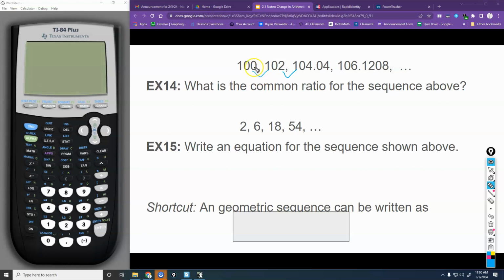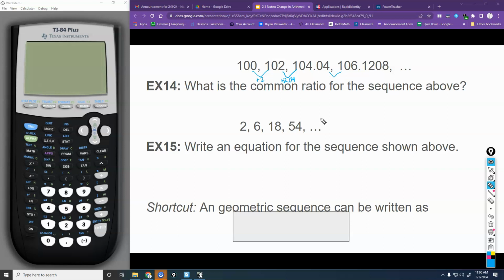So first of all, if we think about how much this is increasing by, I'm going up by 2, and then I go up by 2.04, and then I go up by... I may have that number wrong right there. Hold on just a second. Let me make sure I got that number right. No, that's right.